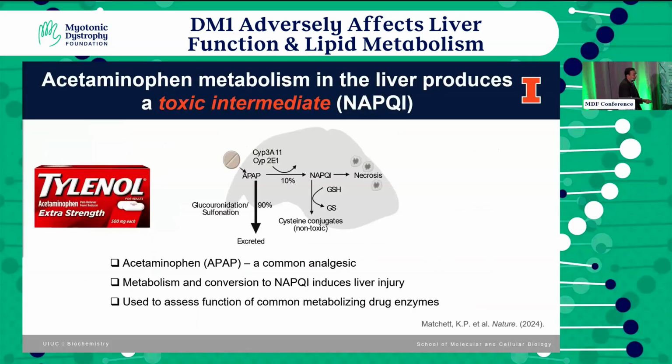To test whether DM1 liver is susceptible to drug-induced liver injury, we tested this common analgesic Tylenol, which contains acetaminophen as its active ingredient. It's also abbreviated as APAP.